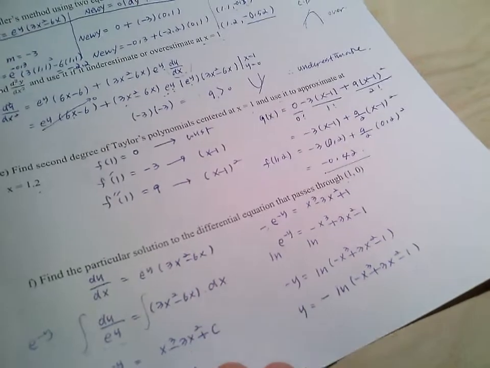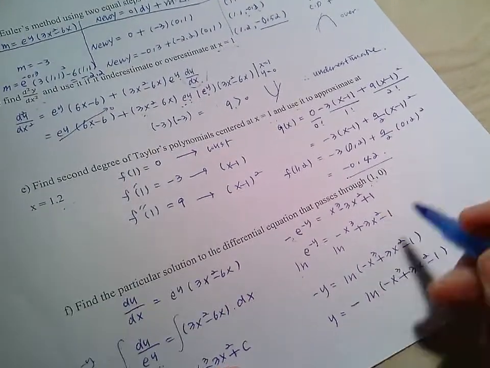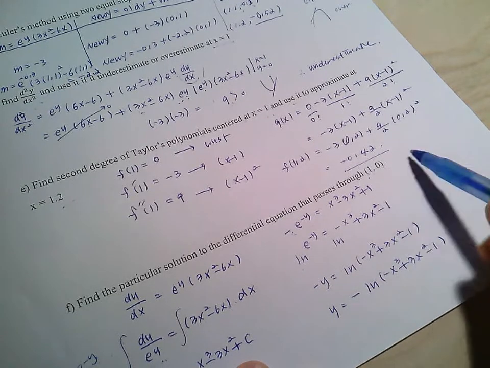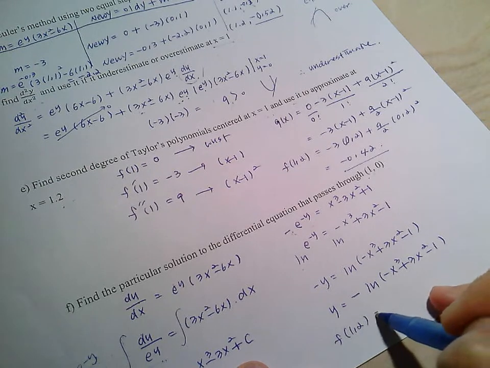It doesn't say to find the exact value, but let me just find the exact value just to see. We're not done yet for part F, but I just want to find the exact value to see which one is the best approximation.